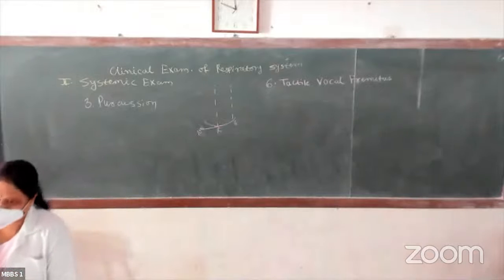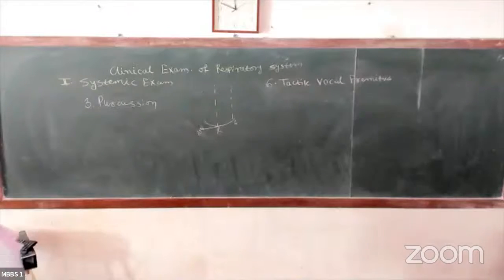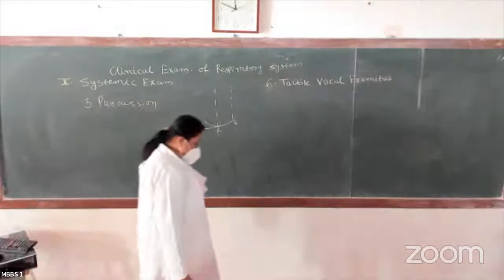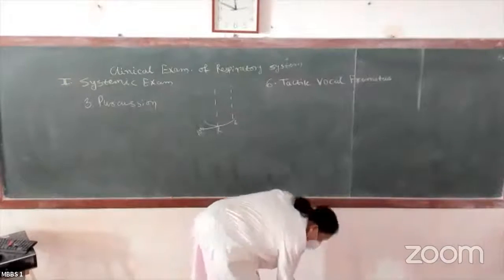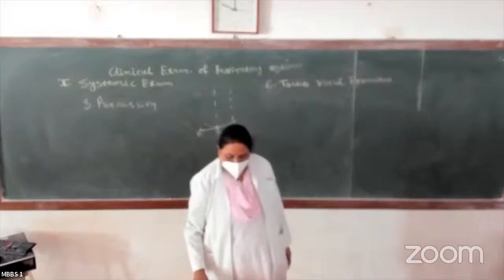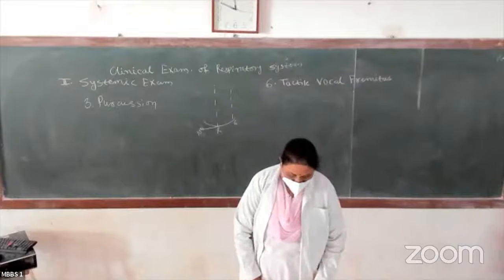These are the lower lung borders during percussion: the 6th rib, 8th rib, and the 10th rib at the mammary line, axillary line, and scapular line.